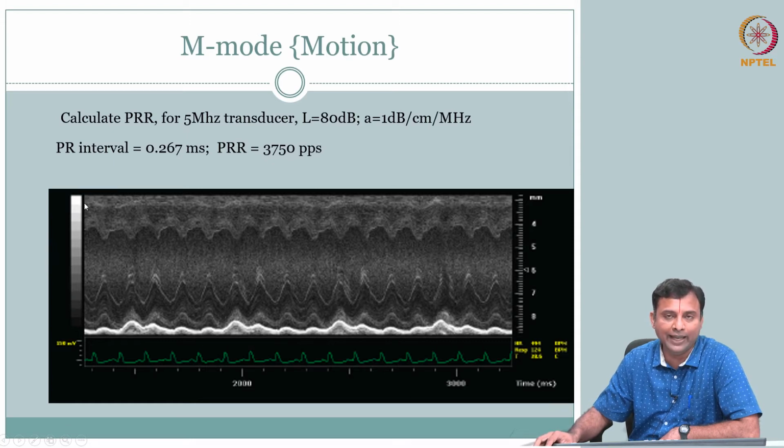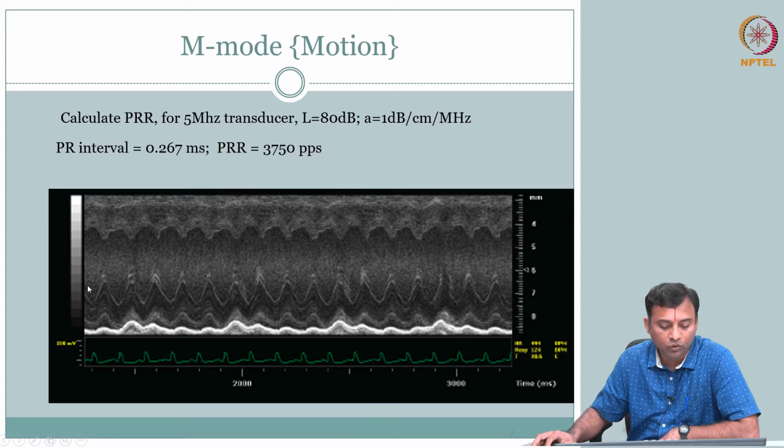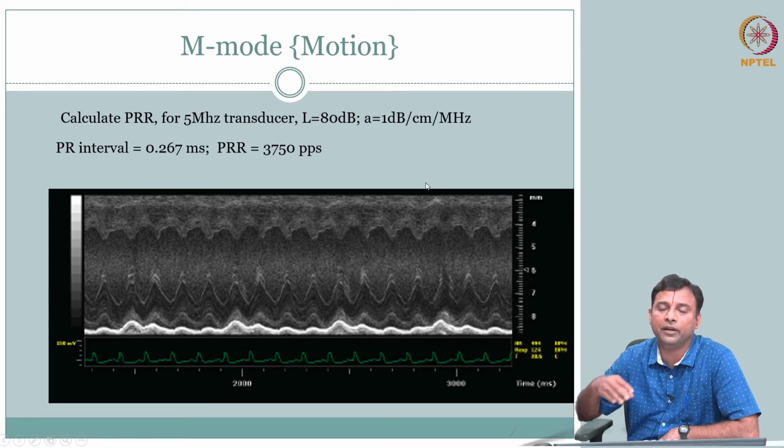When I plot A lines as a function of time, I get a motion mode. Why is this a motion mode? Notice that this interface is coming close, going up. So this is opening and closing here. Skin you do not have much oscillation, so skin is not moving up and down that much.